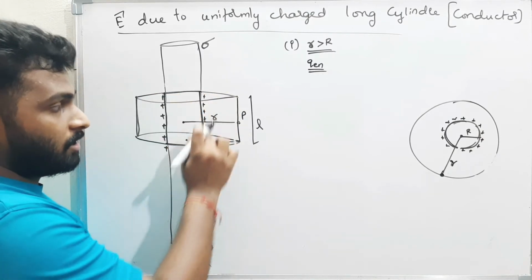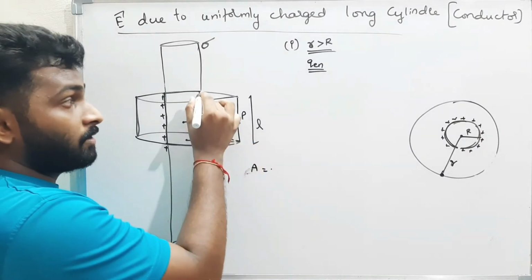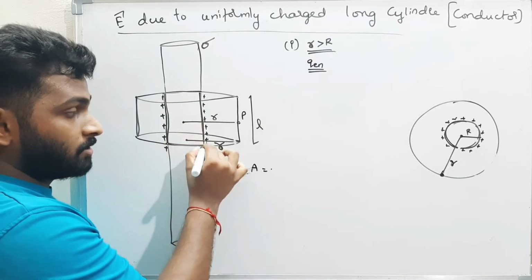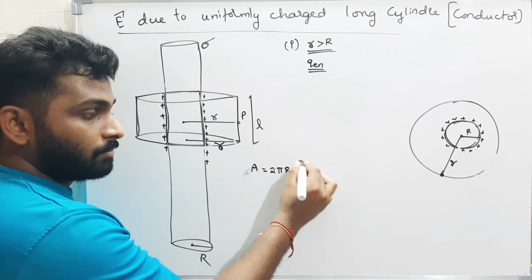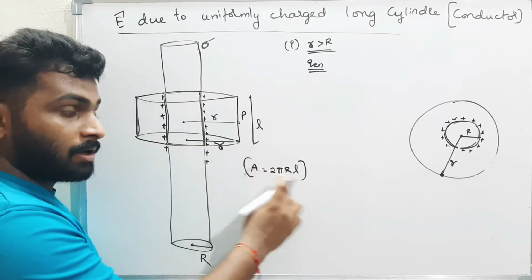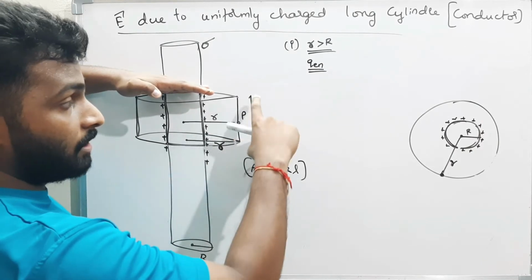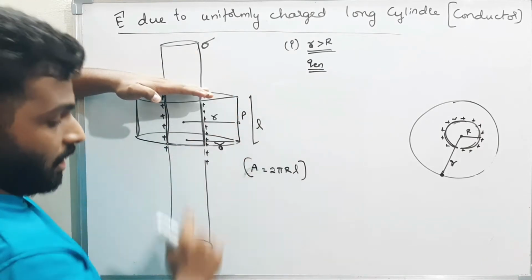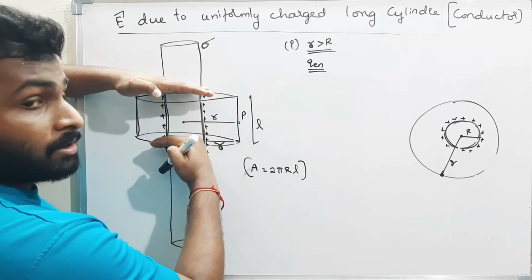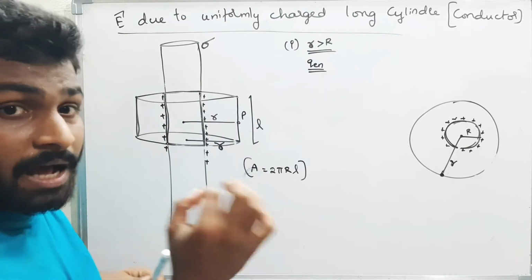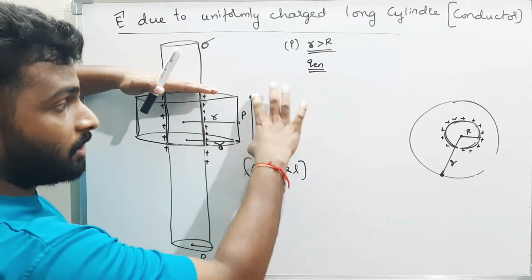The area of the cylinder present in this Gaussian surface is 2 pi capital R into L. A cylinder of length L is present and the radius of the cylinder is R, therefore the area is 2 pi capital R into L. Now, what is the charge present in this cylinder of length L?